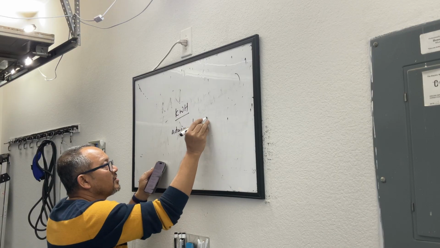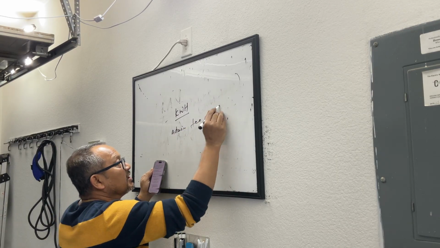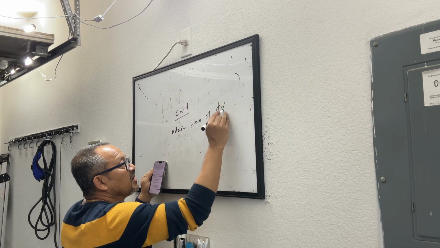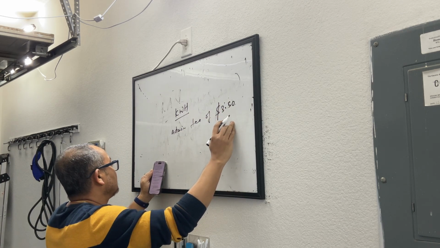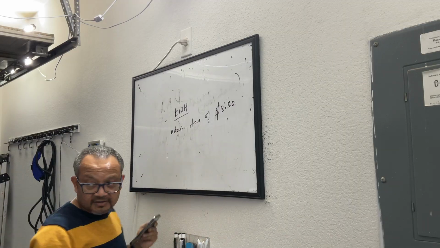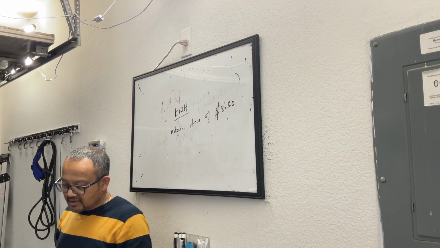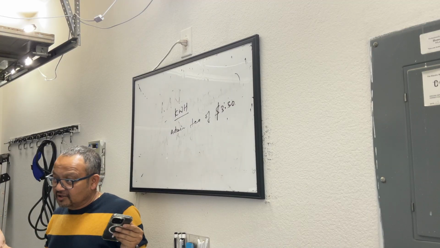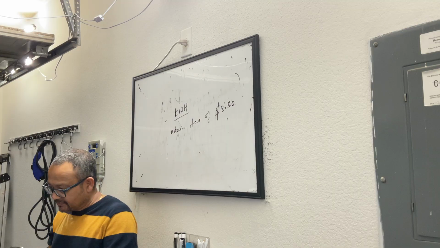Certain rate per kilowatt hour and an administrative fee of $3.5. Is that the fee for each kilowatt? No, I don't know anything about it. I'm only knowing what I am reading here. Let me read it one more time.